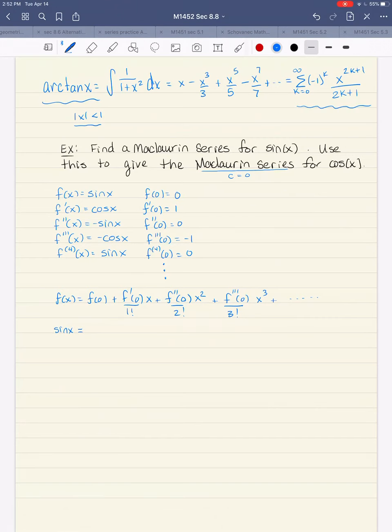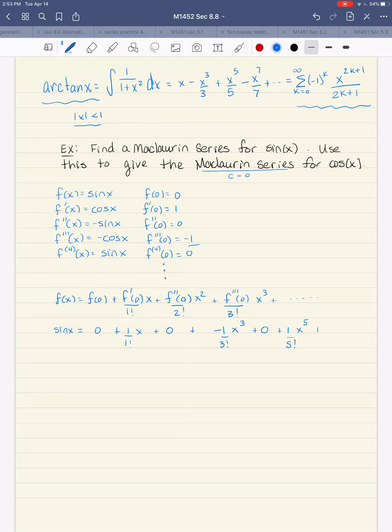So for sine of x, we have 0 plus 1 over 1 factorial times x plus 0 times the x squared plus the next one is a negative 1 times x cubed. The next one is 0. Now I'm back at a positive 1 times x to the, that'd be 4, so that'd be x to the 5th.